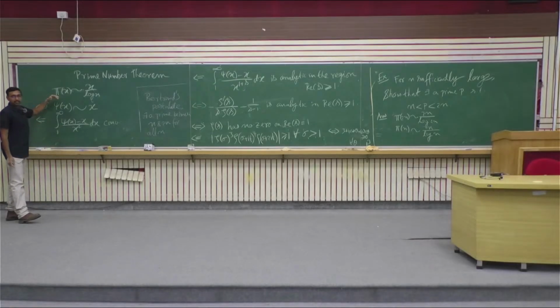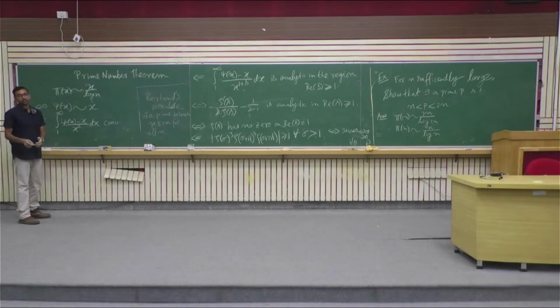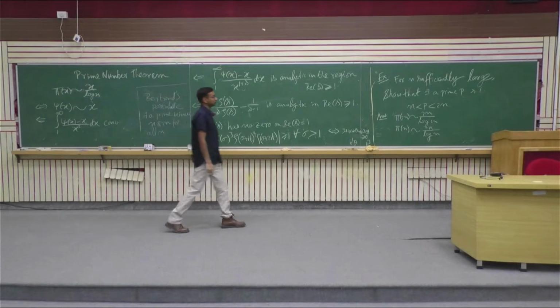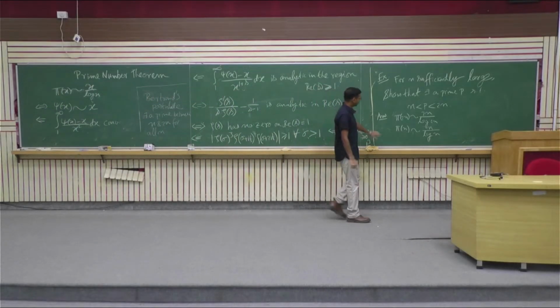Similarly, for x large enough, it will be less than any 1 plus epsilon. So instead of the a and b in Chebyshev's theorem, you can now use 1 minus epsilon and 1 plus epsilon. All you have to check is what is the precise size of epsilon which will give you that pi of 2n minus pi of n is positive. Okay, so please check that.